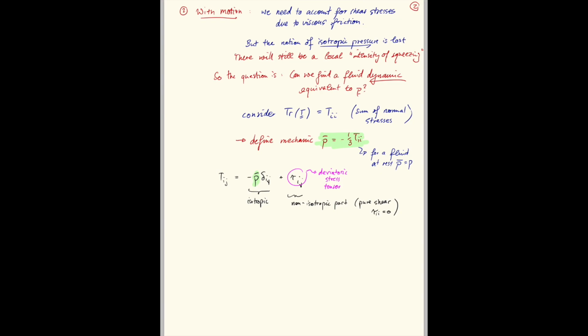So just to reiterate this once more, the P bar is slightly different than the standard isotropic pressure, because isotropic pressure is only defined in equilibrium, and a fluid in motion is never in equilibrium. The question is, how do we relate tau, the deviatoric stress tensor, to our strain rate?